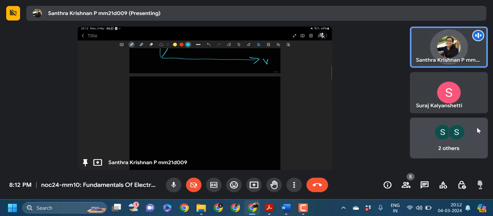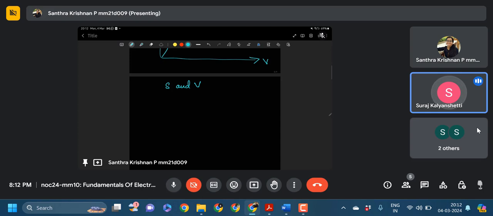Between S and D, everything remains the same, but between S and G, we are applying a potential. Okay, there too, what happens is that the depletion width goes on decreasing.